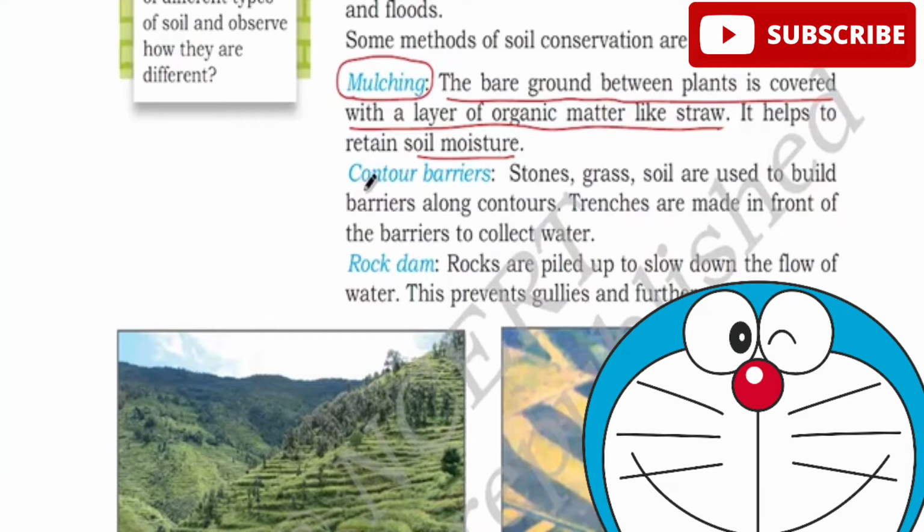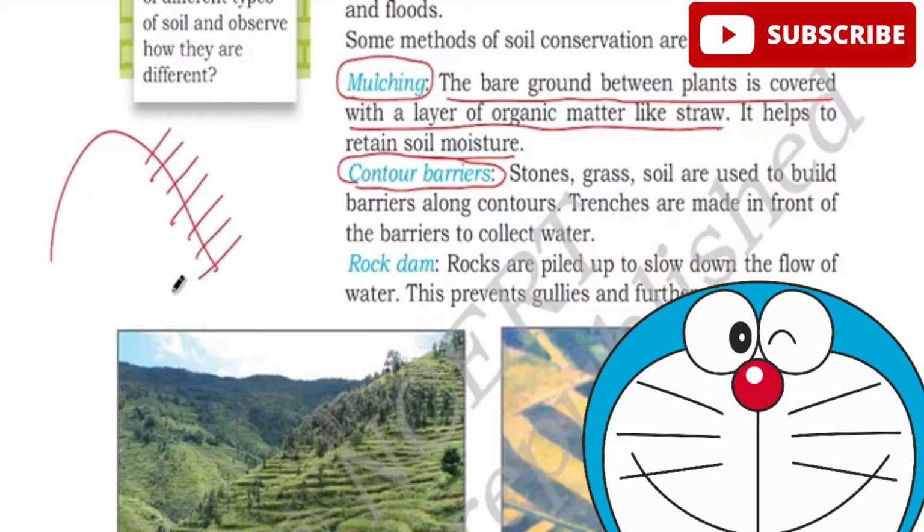Next important thing is contour barriers. Whenever I say contour barriers or contour farming, that means if I have a mountain, parallel to the mountain, I need to go for barriers. So what are the barriers? Stones, grass or soil are constructed in such a way that they are parallel.